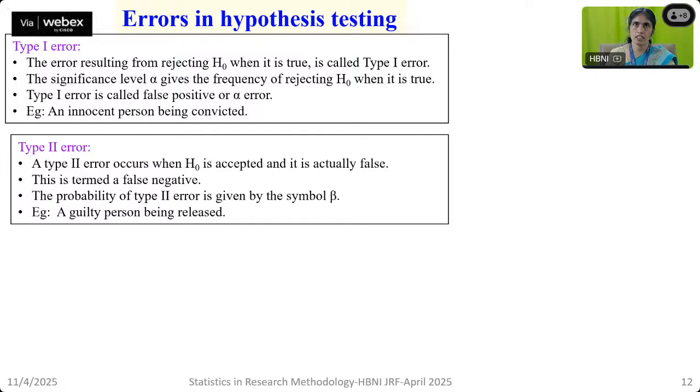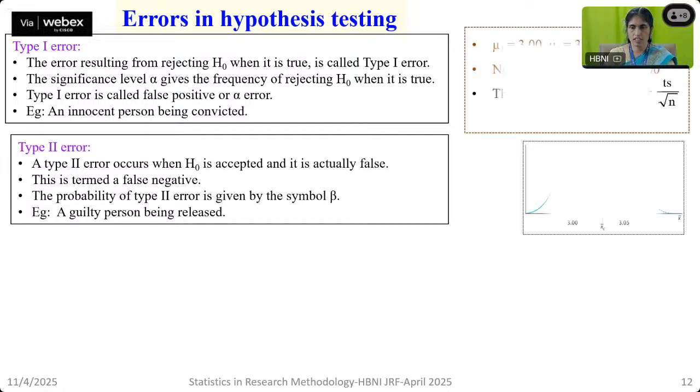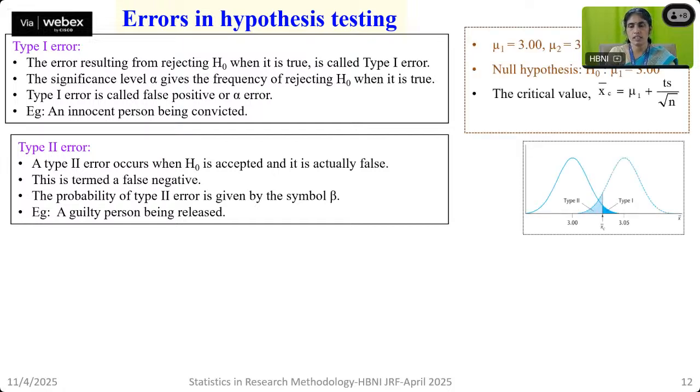That means the alternative hypothesis wins over the null hypothesis. So where are the chances we are going to commit a mistake during this hypothesis testing and further evaluation? We will see that by looking at the curve shown on the right hand side.